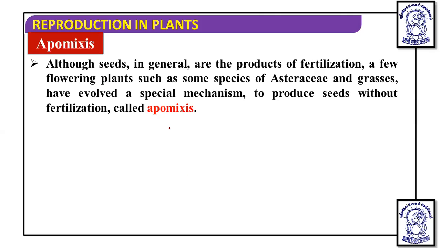So dear students, remember apomixis is the production of seeds without fertilization, and it is found in Asteraceae and grasses.